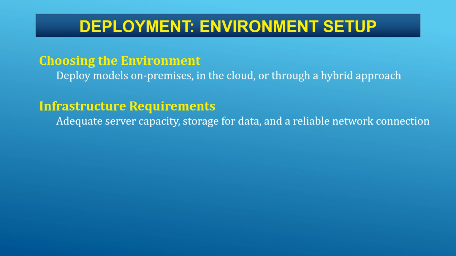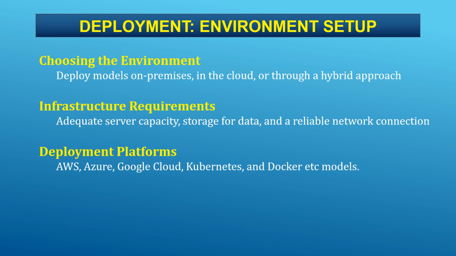Deploying a model requires adequate server capacity, storage for the data and models, and a reliable network connection to ensure seamless operation. Deployment platforms. Popular platforms like AWS, Amazon Web Services, Azure of Microsoft, Google Cloud, Kubernetes, and Docker offer robust environments for deploying and managing machine learning models.